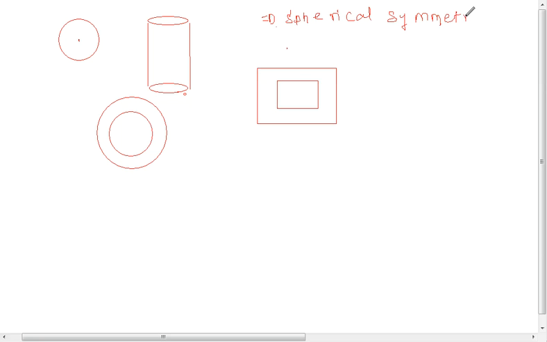If an object has a spherical symmetry, then its center of mass will be the center of the sphere.